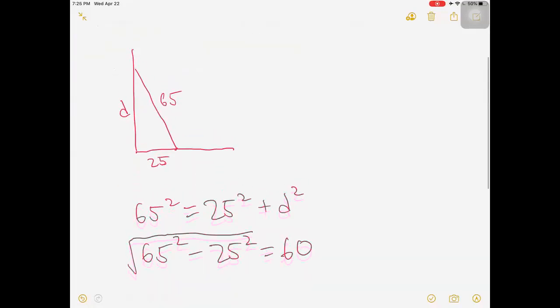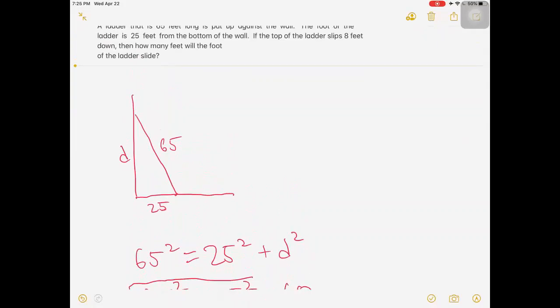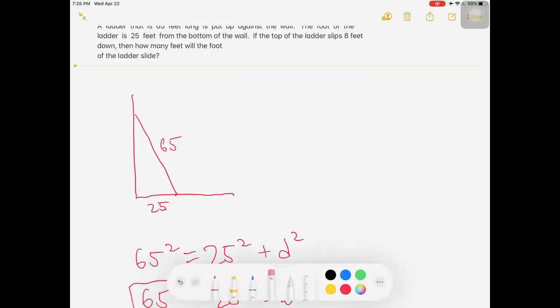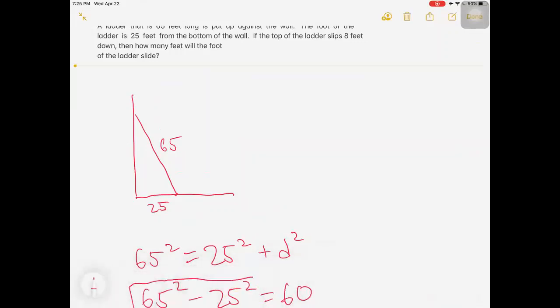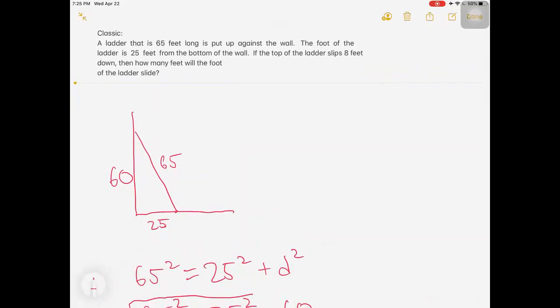Okay. So basically, now we know that the value of D is 60. It's telling us the top of the ladder will slip 8 feet down. So the ladder slips down a little bit. The length of the ladder stays the same, since that's logic.